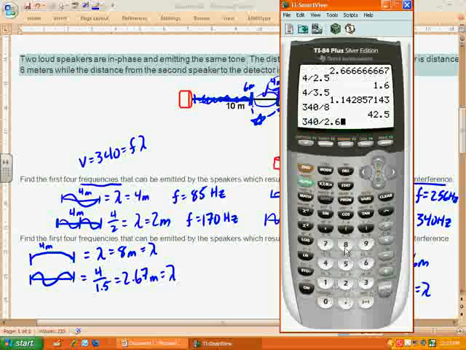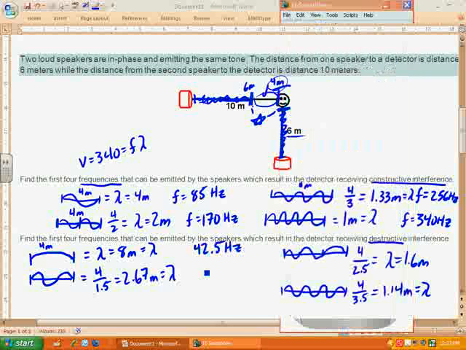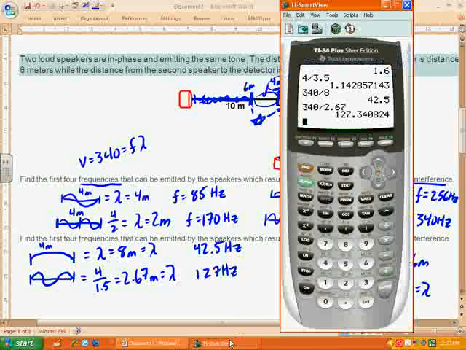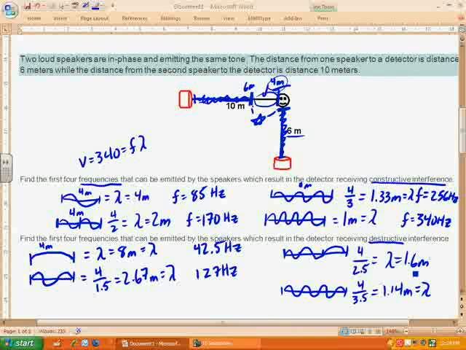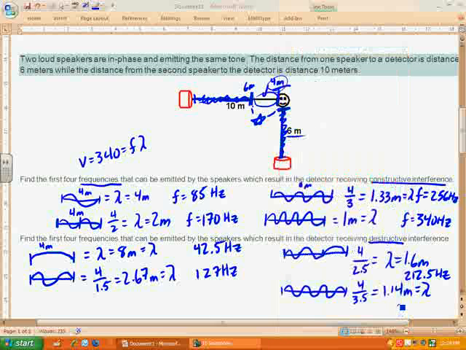So we've got 42.5, 127 hertz. 340 divided by 1.6, so 212.5, and 340 divided by 1.14, so there we go, 298. Okay. Hopefully that makes sense.